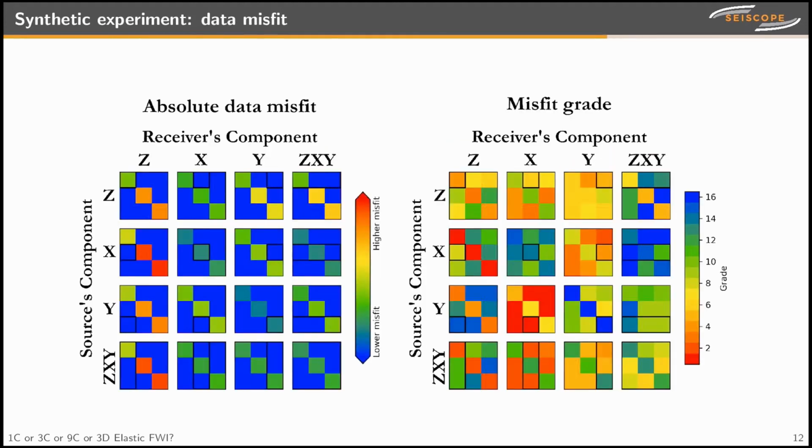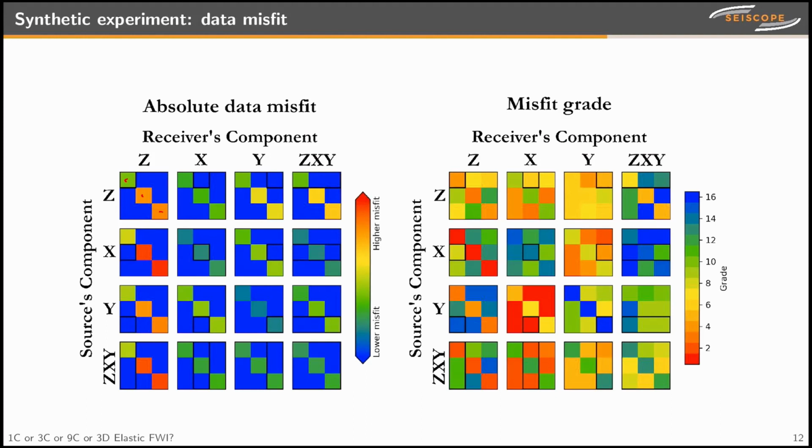When we look at the data misfit, we can see that the data misfit using this simple setup is relatively simple as well. There are only three dominant components in this case: ZZ, XX, and YY. And in practice, if we decide to use only classical direction source and receiver, it is maybe important to mainly consider those three components and try to focus on them, so our acquisition can be more efficient and effective.